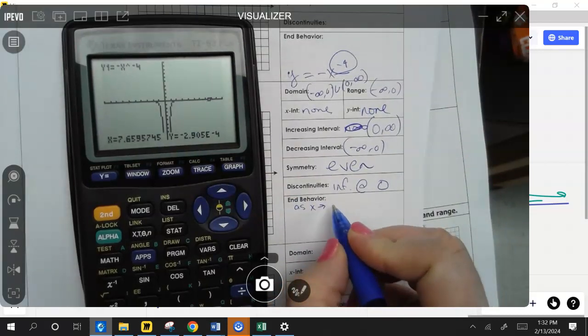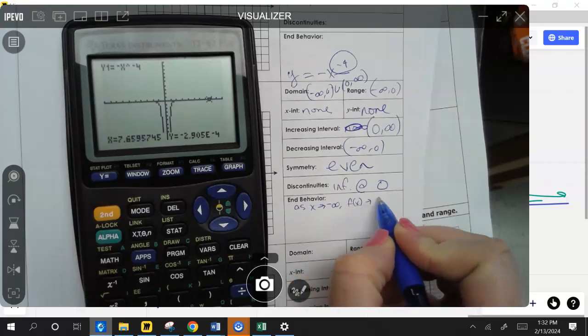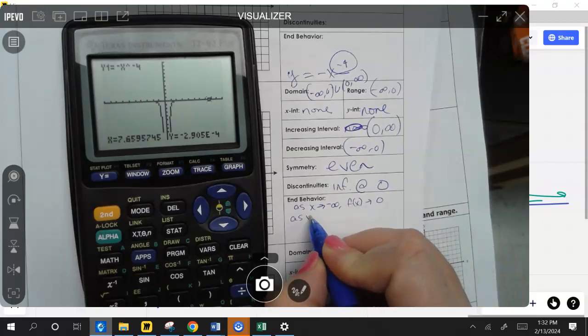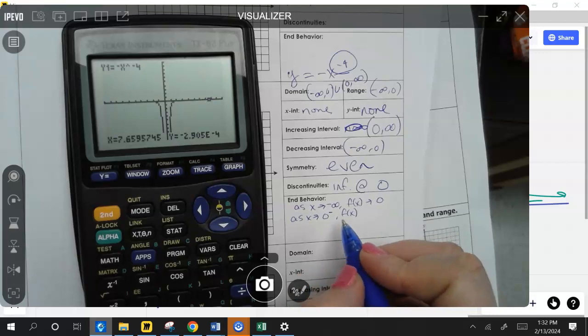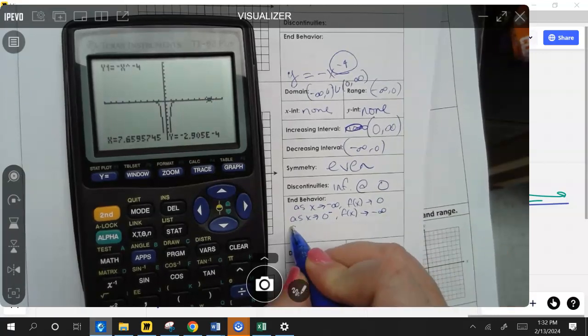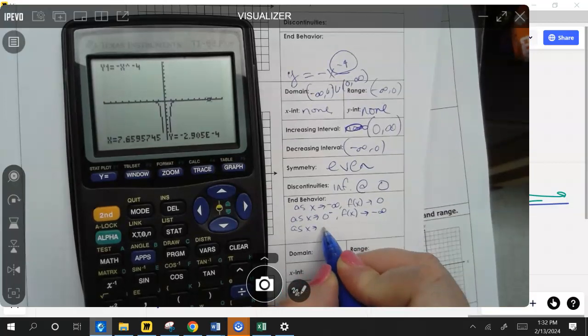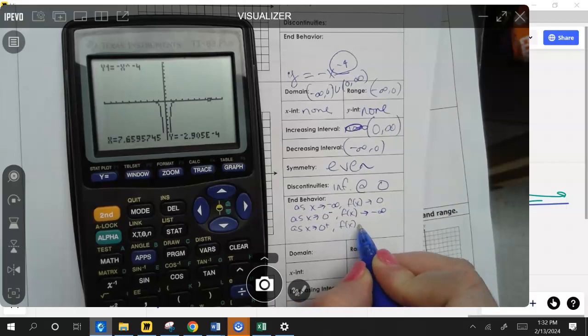Okay, go, Miguel. Yep. 0 from, yep. Approaches negative infinity. Uh-huh.